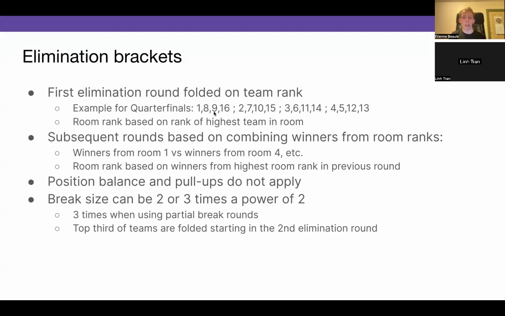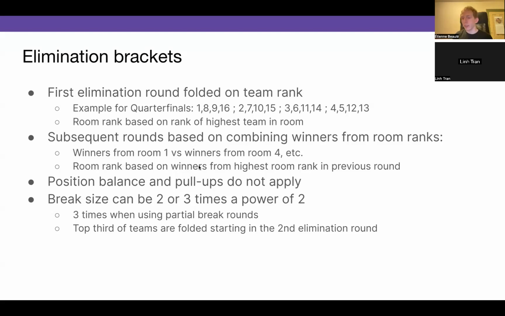Then you would have 9-16 versus 4 and 5 in room rank 1, and then the winners of these two in room rank 2. And like that you can keep the brackets looking sharp.